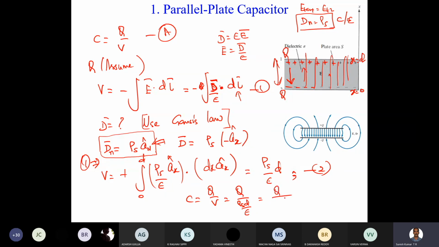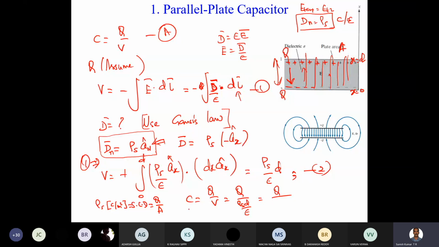Can you write this rho S in terms of charges? So rho S is coulomb per square meter. That is the surface charge density. So rho S will be equal to total charge per area. Let us take A or S as the area of the plate.